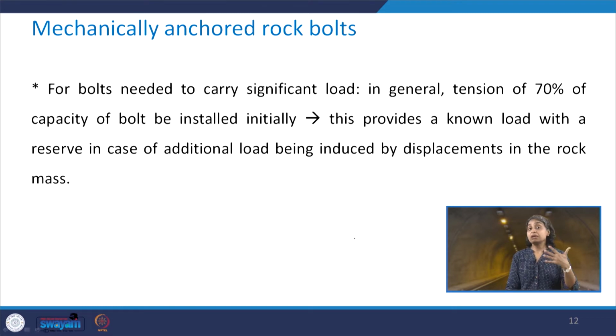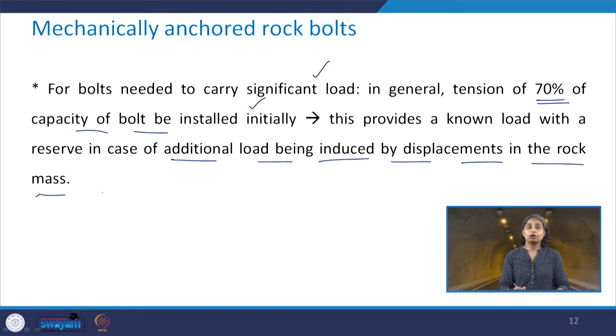But for bolts which are needed to carry a significant amount of load, in general, tension of the order of 70% of the capacity of the bolt should be installed initially. What happens when we do so? This provides us a known load with a reserve in case we have additional load being induced by displacement in the rock mass.